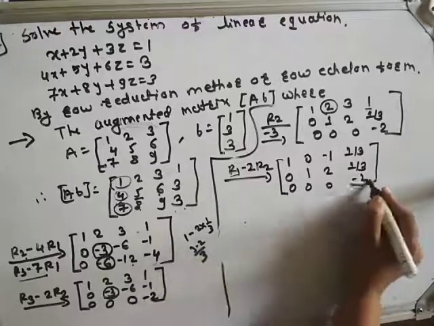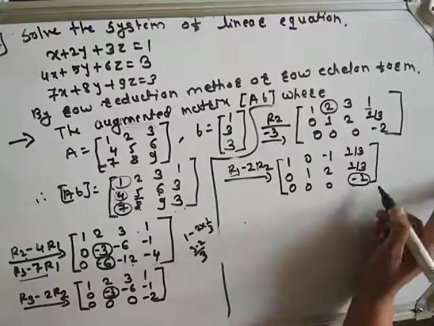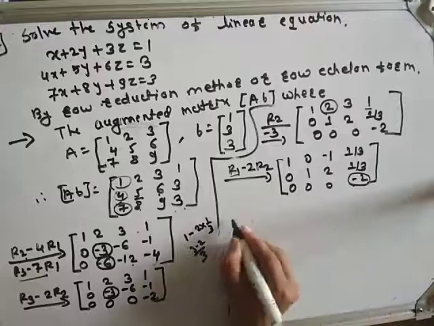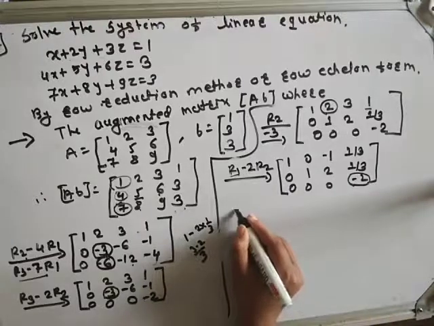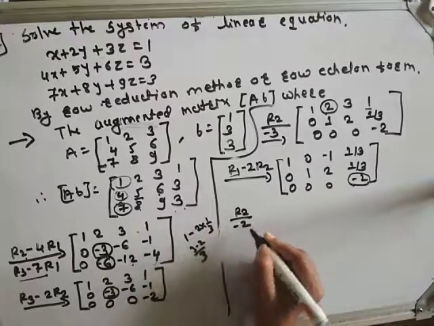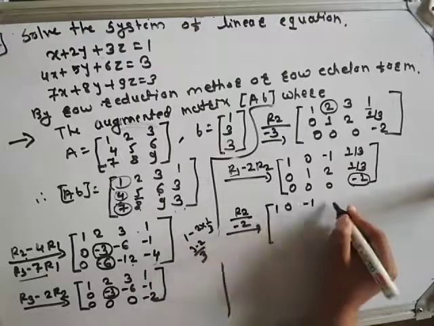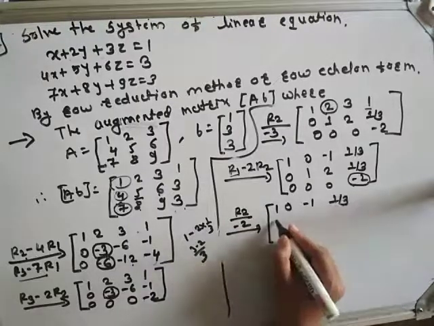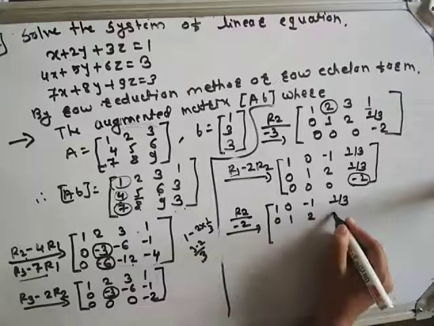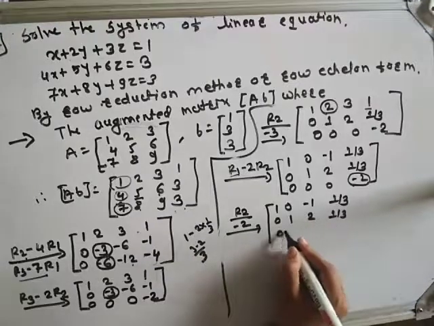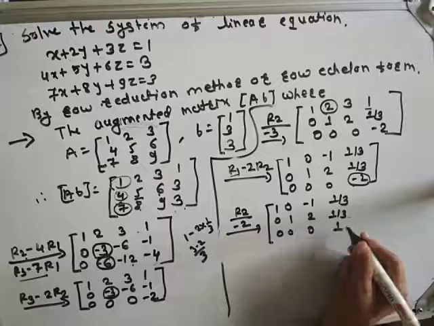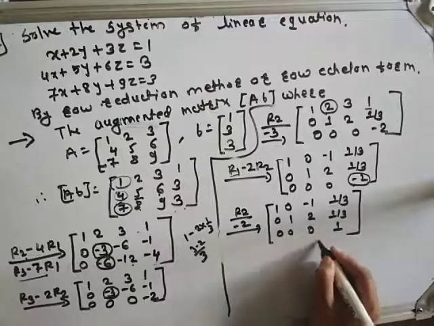See here we require 1. Therefore we perform the row operation R3 upon minus 2. The matrix is 1, 0, minus 1, 1 by 3; 0, 1, 2, 1 by 3; 0, 0, 0, 1.